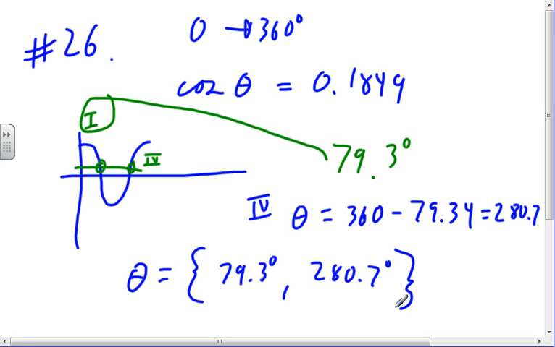Yep, that's 0.1849. And I go cosine of 79.3, and I get 0.1866.